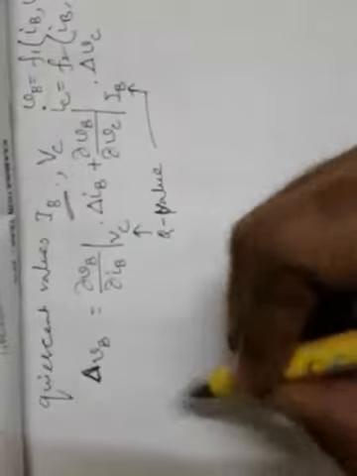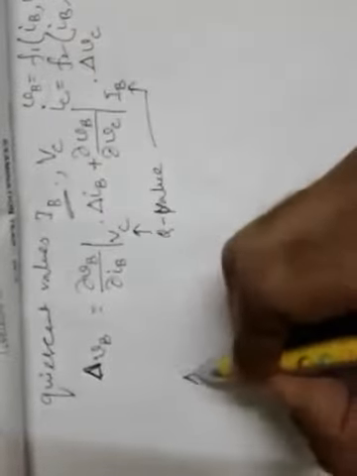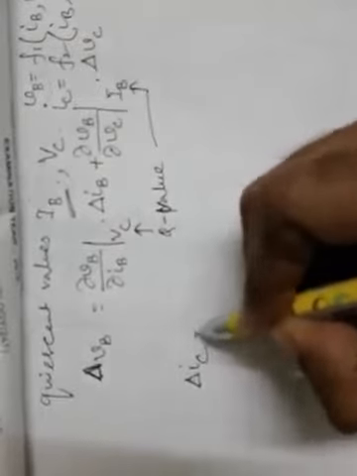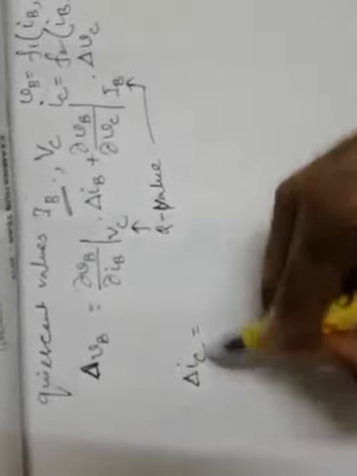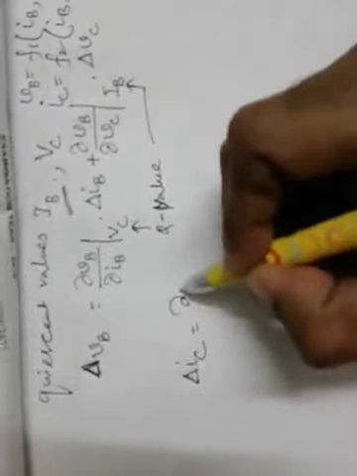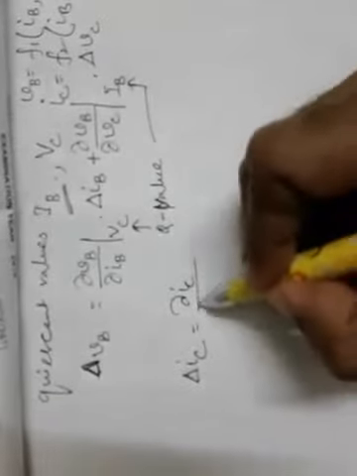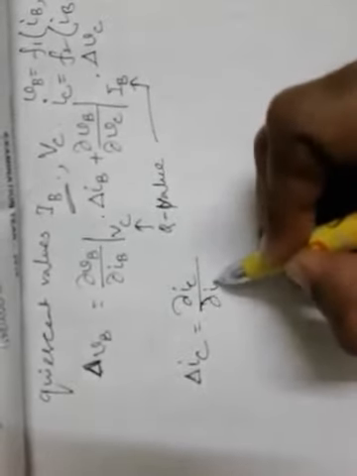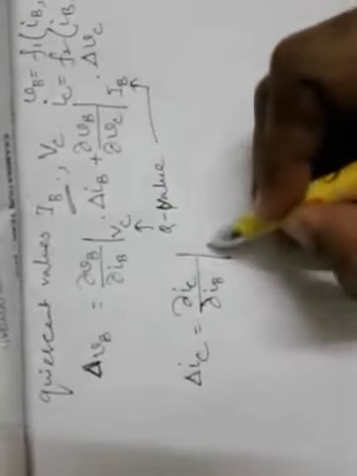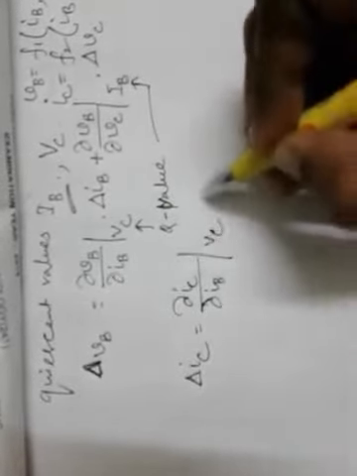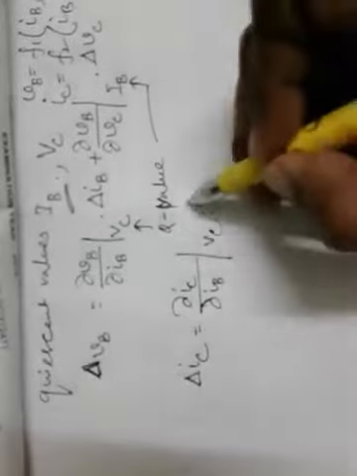Alternately, using the second function, which is IC equal to F2 of IB comma VC, the second equation can be written as follows. The absolute change in IC, that is del IC, is equal to del IC by del IB when VC is at the Q value, capital VC, into how much change?